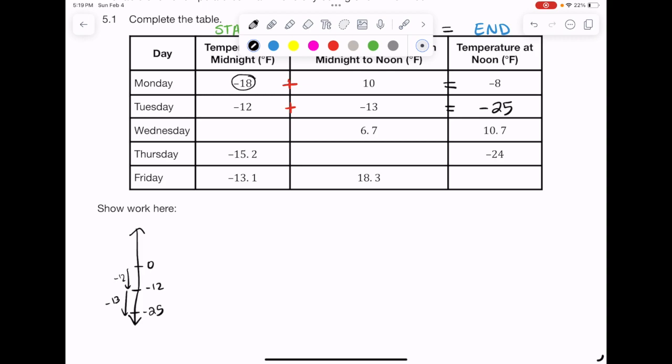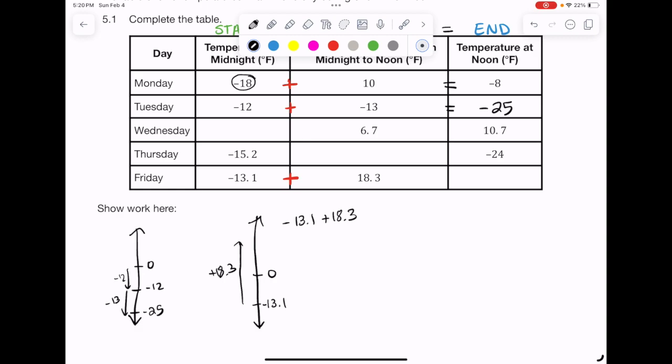Okay. I'm going to skip to Friday because it's the same setup, and then we'll come back for Wednesday and Thursday. So for Friday, I am starting at -13.1 degrees, and then I'm going up 18.3. So basically this one is saying what is -13.1 plus 18.3.